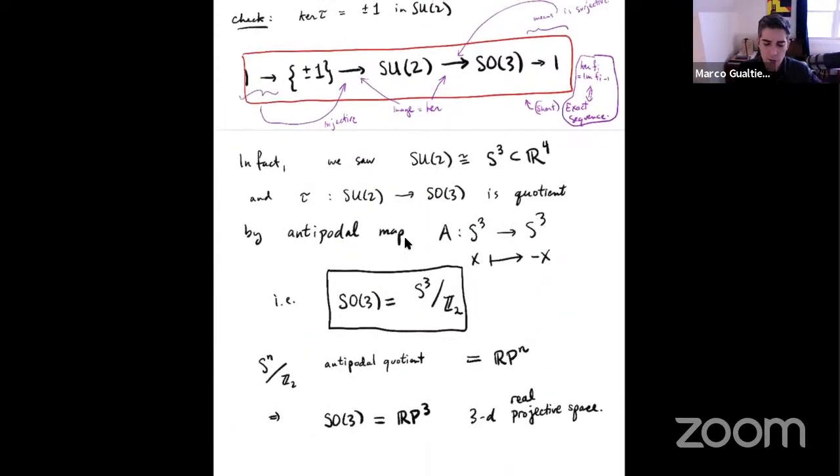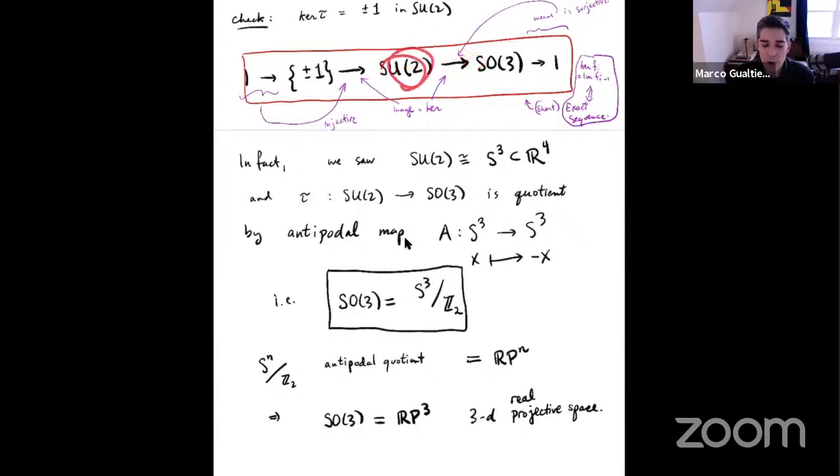Okay, and just to give you a little bit more visual intuition about this group, remember that SU2 is the 3-sphere inside R4. So we have this picture of it as a 3-dimensional sphere, and we have this kernel here, which basically is saying that any matrix in SU2 is going to be sent to some matrix in SO3.